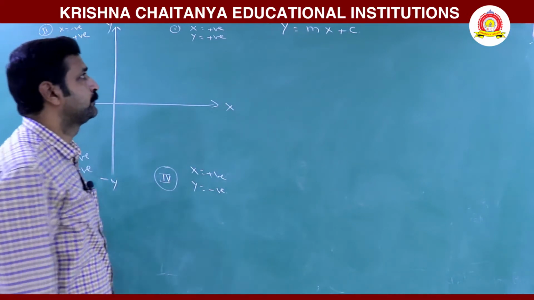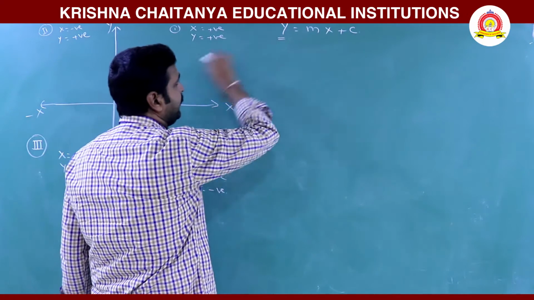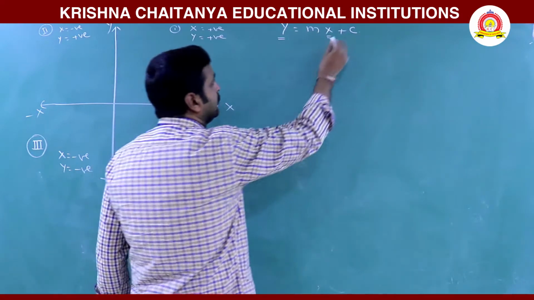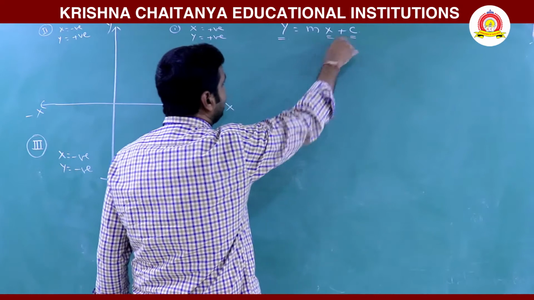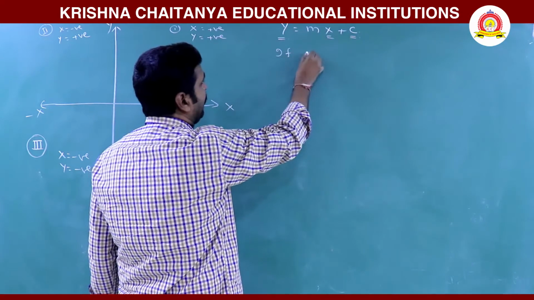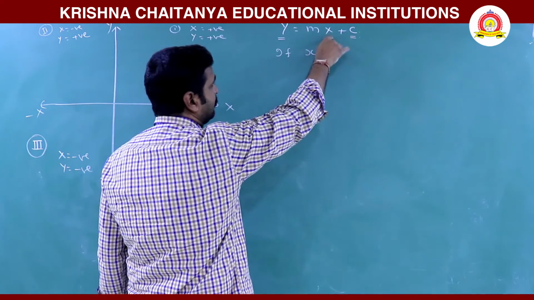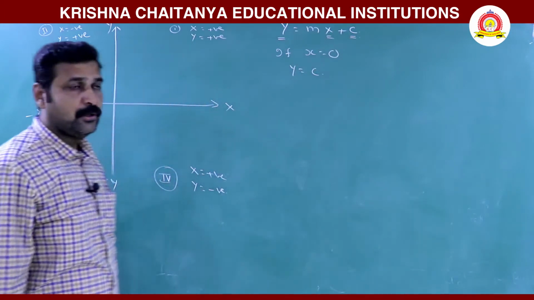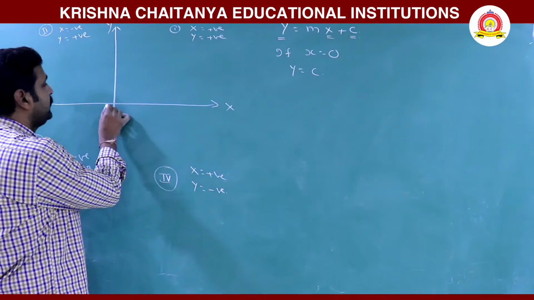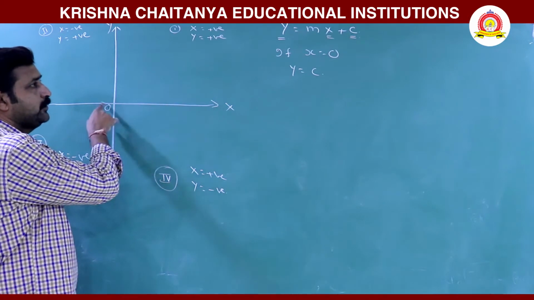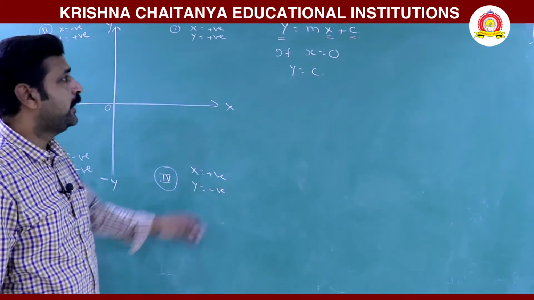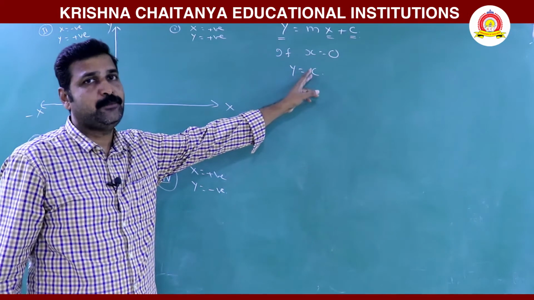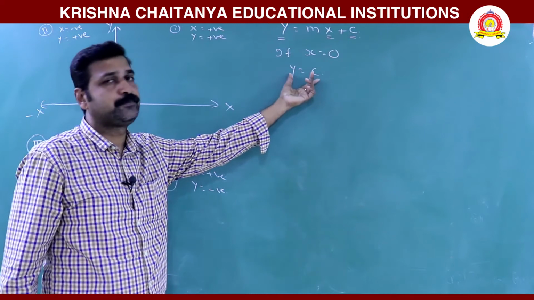So, here this is y coordinate, this is x coordinate, this is intercept, means if x is 0, then y is equal to c. So, at the origin, when x is 0, what is the value of y? That is the y intercept, we can say, which is c.